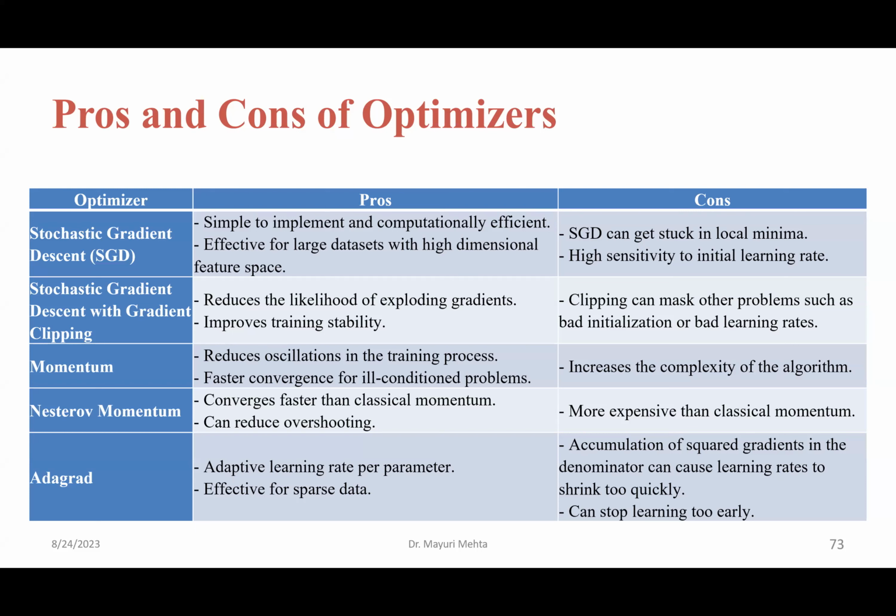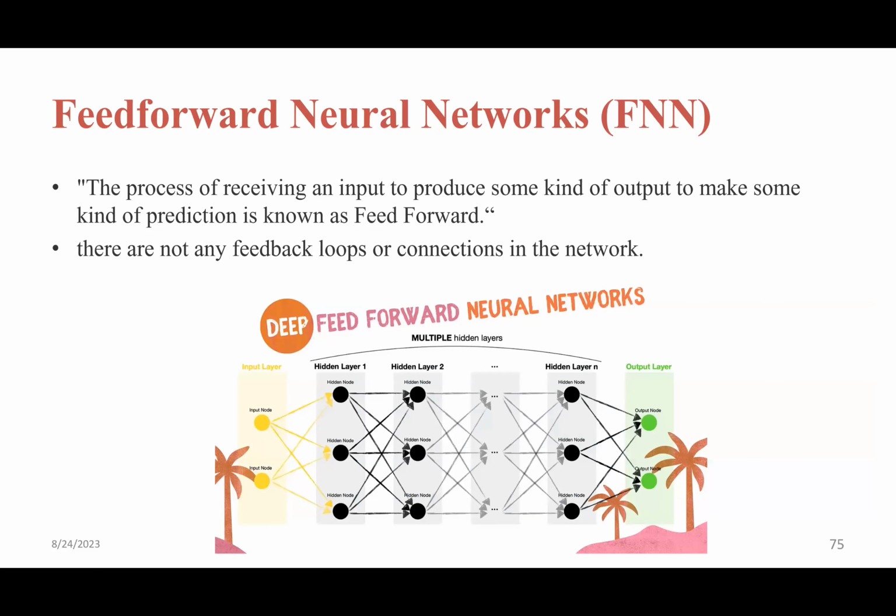Then experiment with each of them, check which among them is giving you good results, and that can be used for your network. So in one go, you can never determine which is the best optimization technique for your problem. Fine. So those were the pros and cons.